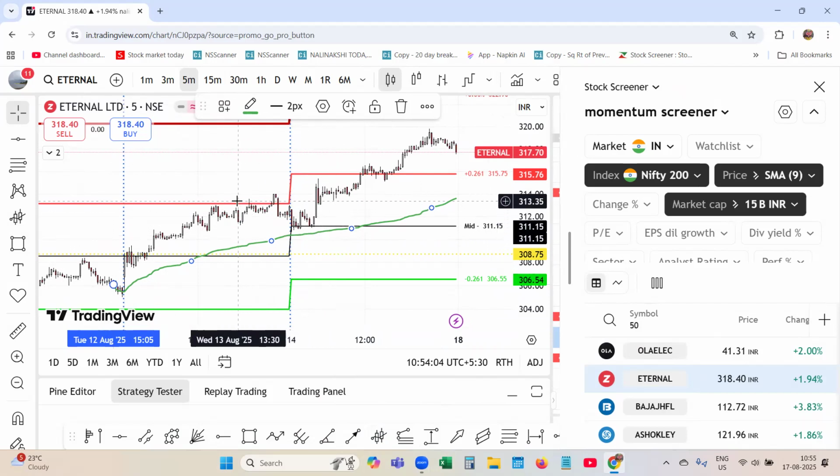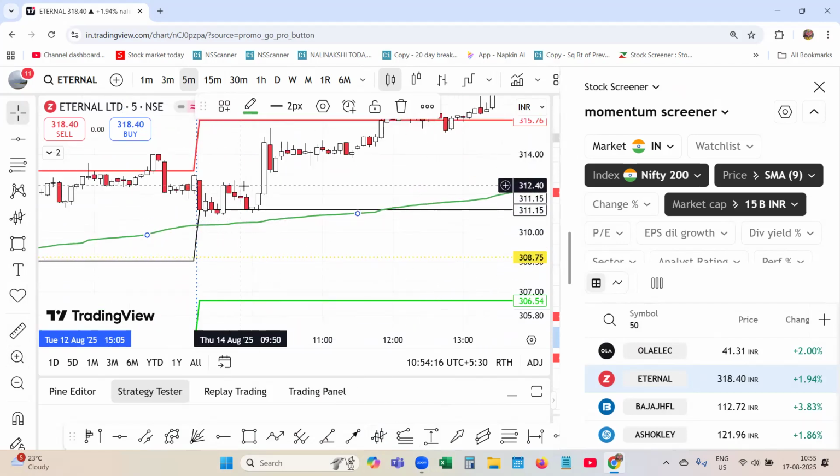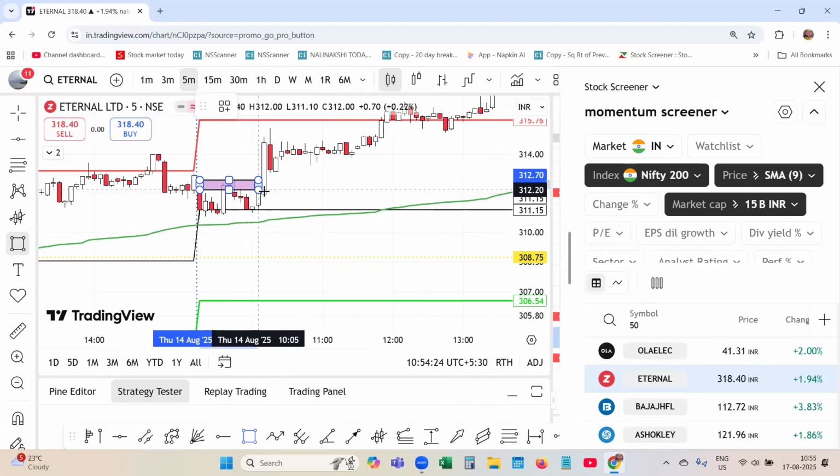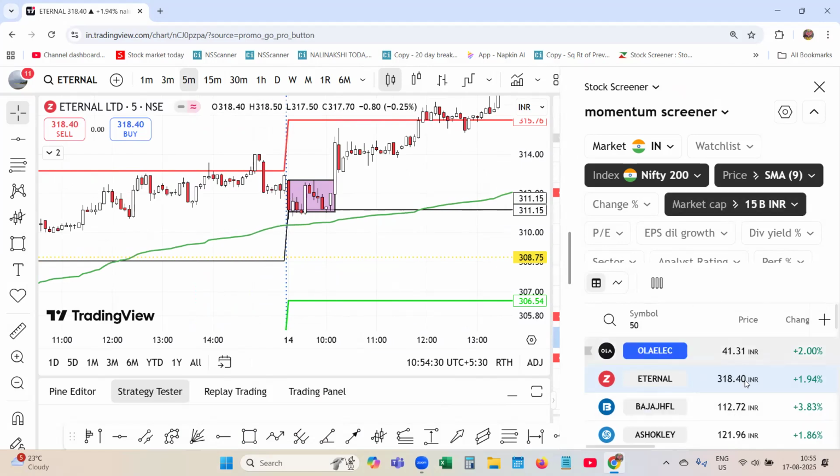Another thing is price is hugging the 311, that is the midpoint. Once the price starts moving above this, see, this is the range. It started making a range till 10 a.m. That means ORB breakout. You can understand this is open range breakout and all the conditions are there.